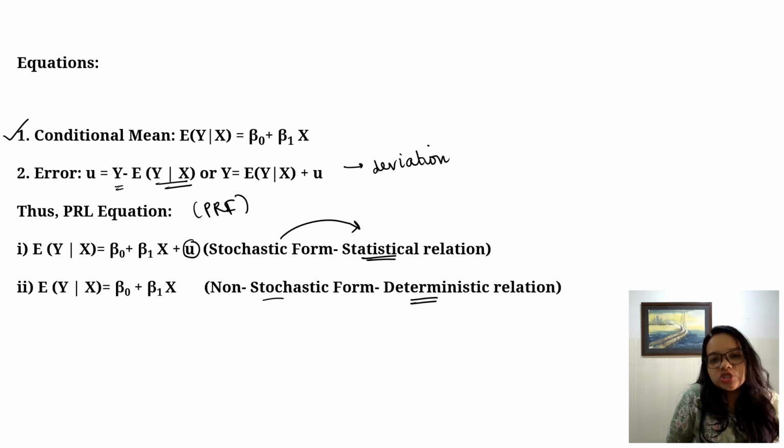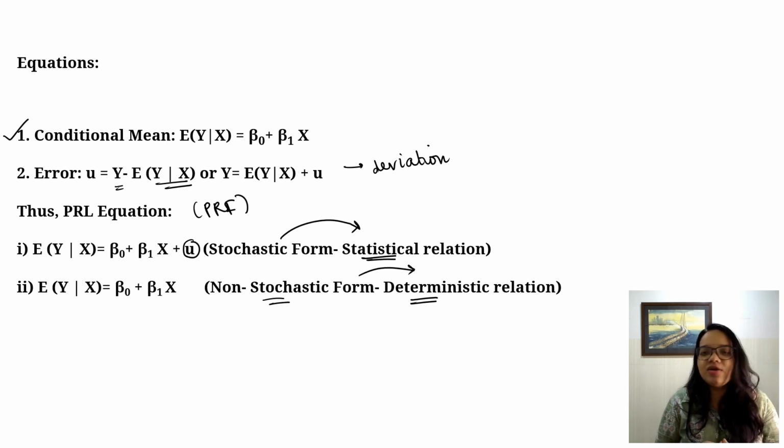And this is the non-stochastic, which does not include any error or any uncertainty or randomness. And here the relationship is fixed. In practical sense, this is what is seen or is visible in reality. And this is an example of non-stochastic form of population regression function.